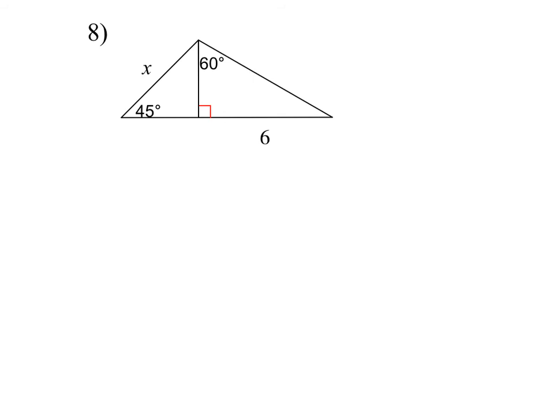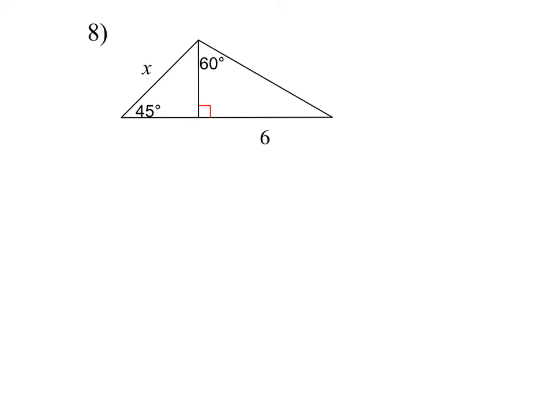Okay, so number 8. On number 8, I have the longest leg of a 30-60-90 triangle, and I want to find the hypotenuse of the 45-45-90 triangle. So I need to find this leg that is actually the smallest leg of that 30-60 triangle.